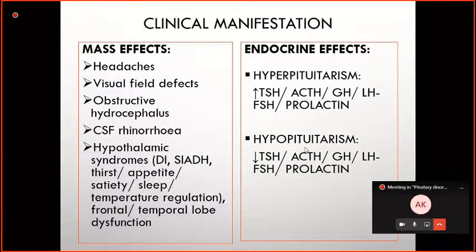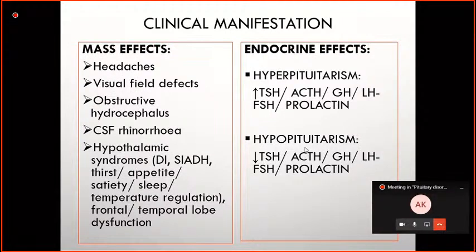Blurring of vision can be due to a few things. One is the optic chiasm. One is maybe the optic nerve itself. When there is compression, then you can probably have it, especially when there's increase in intracranial pressure. We're talking about increase in intracranial pressure here.